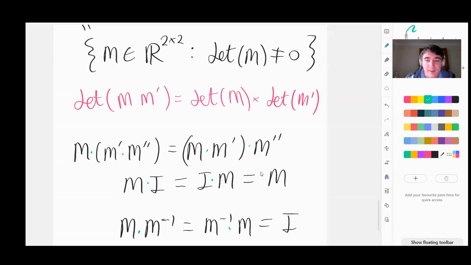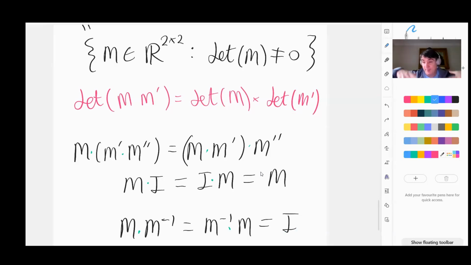And then we require that this operation has to be associative, meaning that this is always equal to this. And it has to have a neutral element. For us, this is going to be the identity matrix. And then every element has to have an inverse, which has the feature that if we dot the original thing with the inverse, we get the identity element. So that's what a group is.